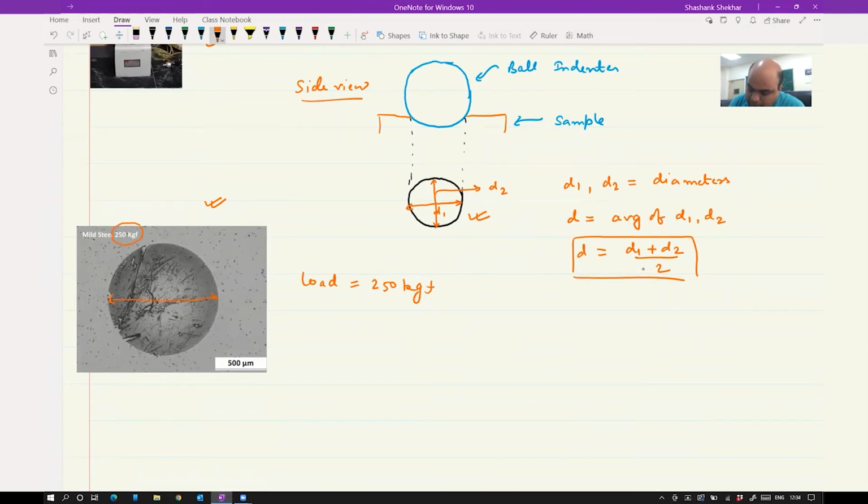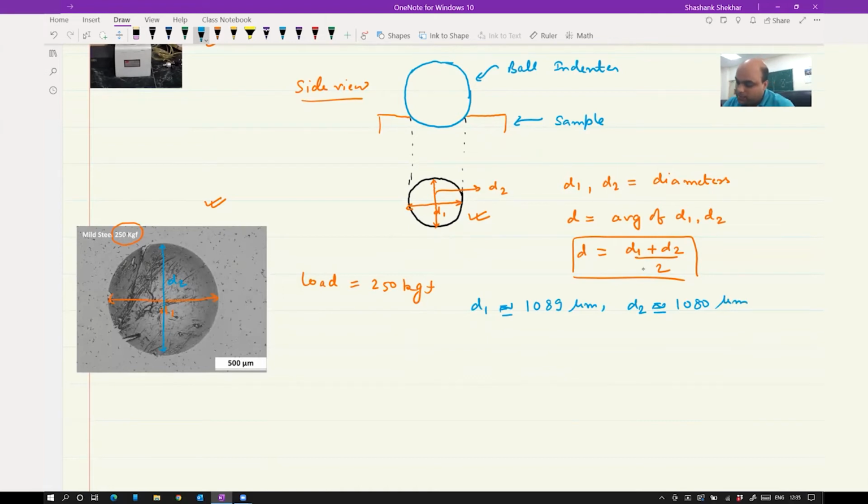You can measure D1 along this direction, and D2 along this direction. Roughly, D1 will come out to be 1089 micrometer, and D2 will come out to be 1080 micrometer. These are rough numbers.